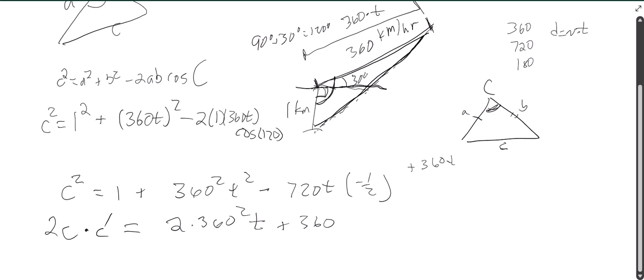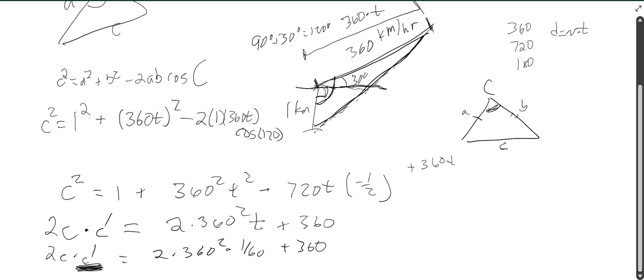And now I need to plug in 1 minute, so 1/60th for the time. So 2c times c prime equals 2 times 360 squared times 1/60th plus 360. And I need to solve for c prime. C prime is what I'm looking for.